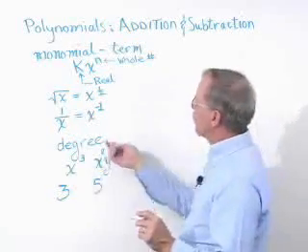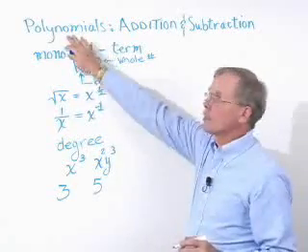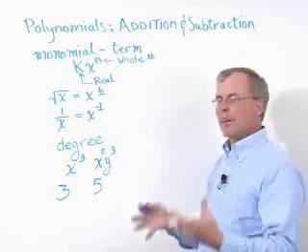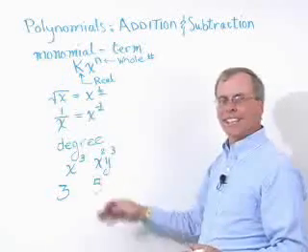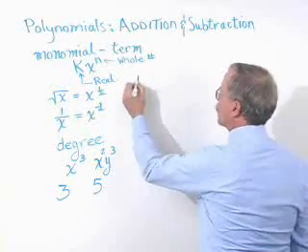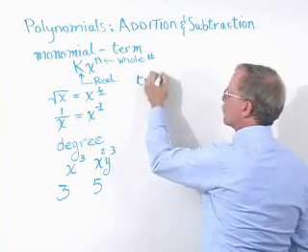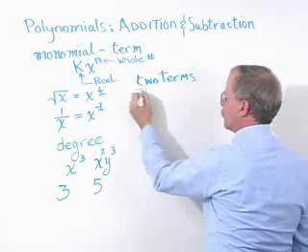Now, moving from monomials, the discussion is about polynomials, which means many. So if you start adding and subtracting monomials together, you end up with polynomials. If there are 2 terms, then you have a binomial.